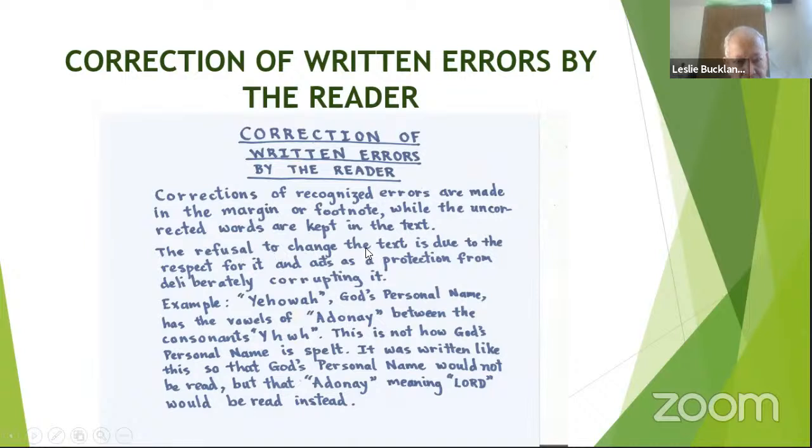The refusal to change the text is due to the respect for it and acts as a protection from deliberately corrupting it or changing it.